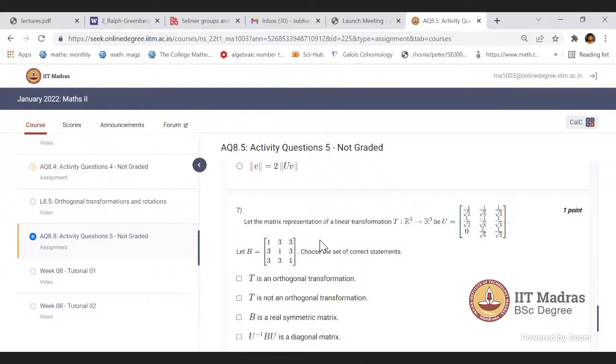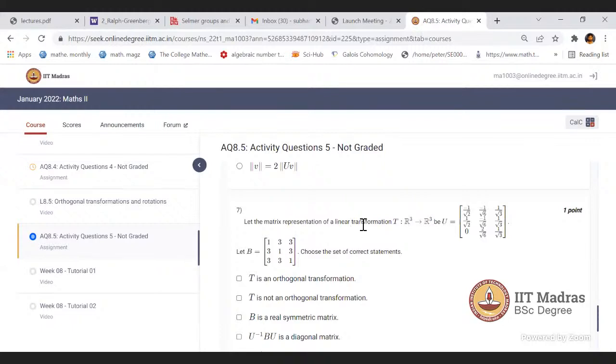Basically, if U is an orthogonal matrix, then you can say that T is an orthogonal linear transformation. But what is the relation between these? Is T equal to U into V? Not necessarily.